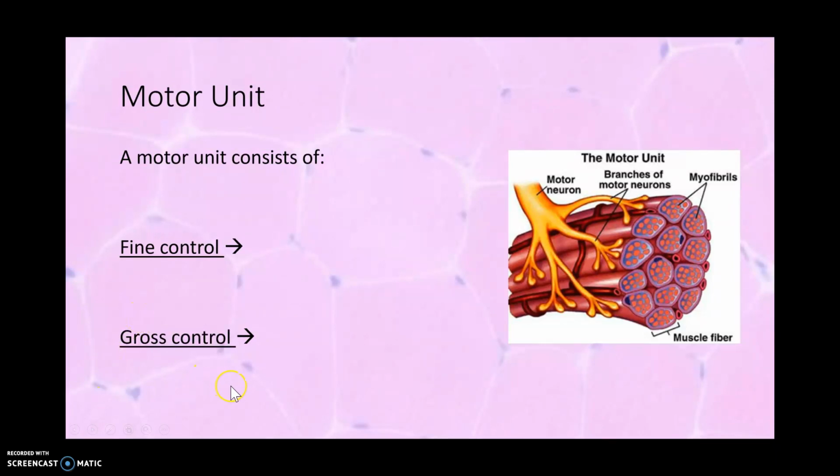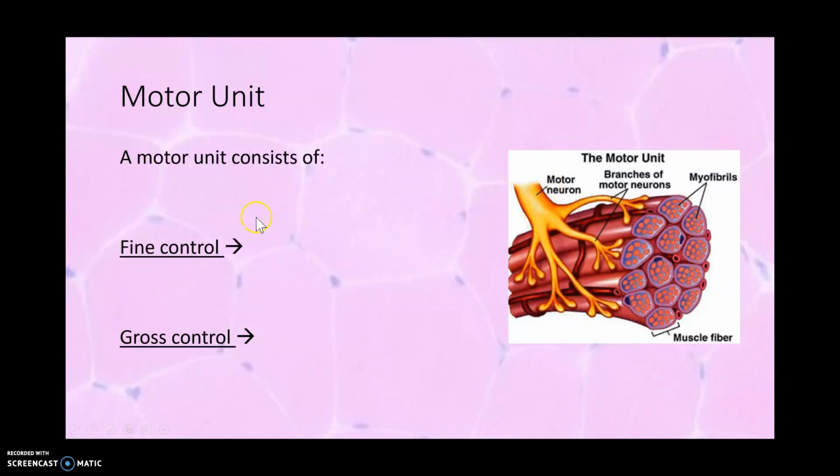So gross control, so postural muscles or using for example, our gluteal muscles, one alpha motor neuron could innervate thousands of muscle fibers, just controlled by one alpha motor neuron, which is right here.